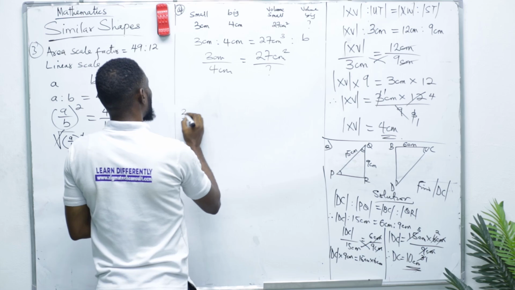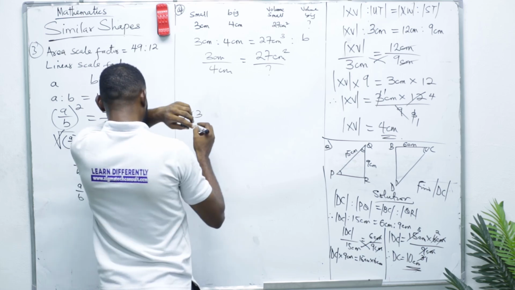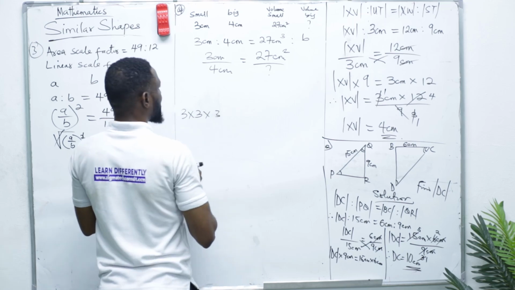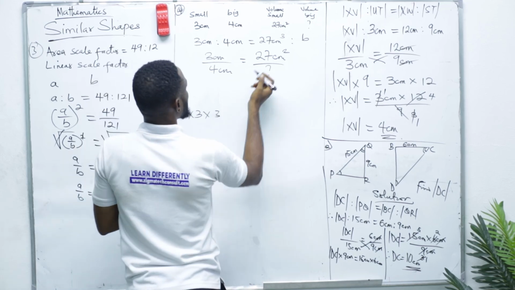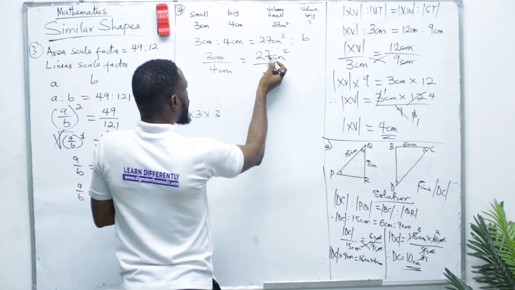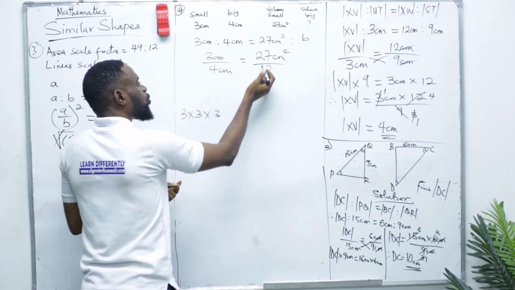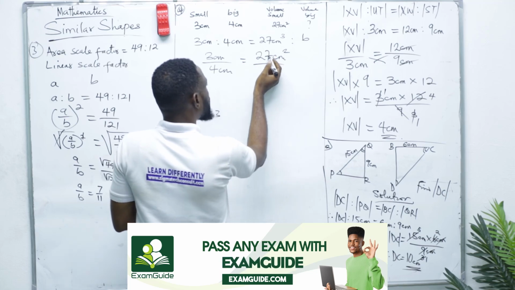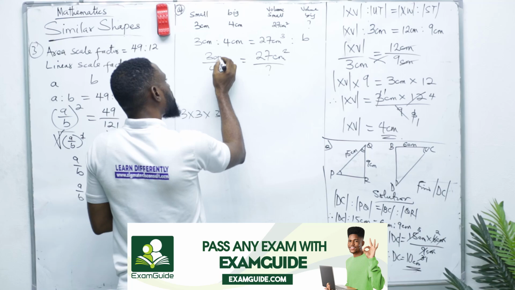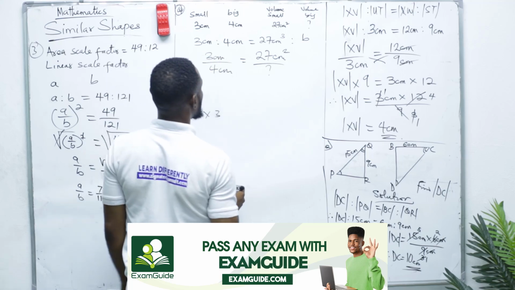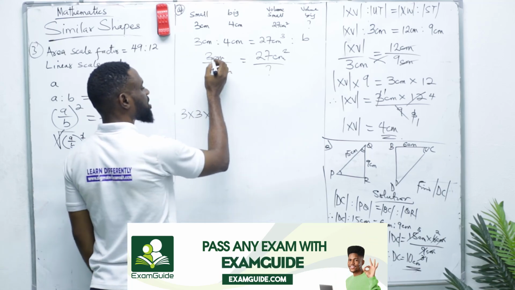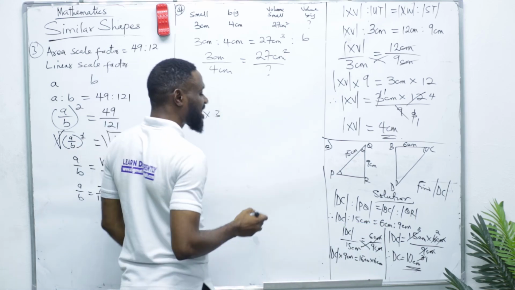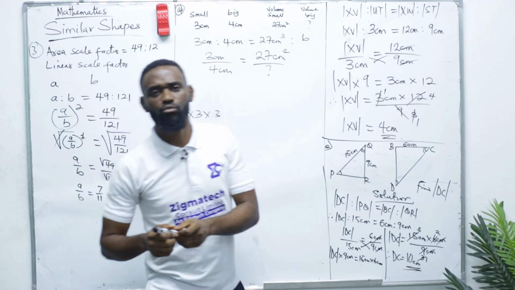That is 3 times 3 times 3. Do you get that point now? What we'll have to do is to find the cube root of these particular ones. The cube root of 27 is 3. So the cube root of what will give us 4? That is what our question will be.